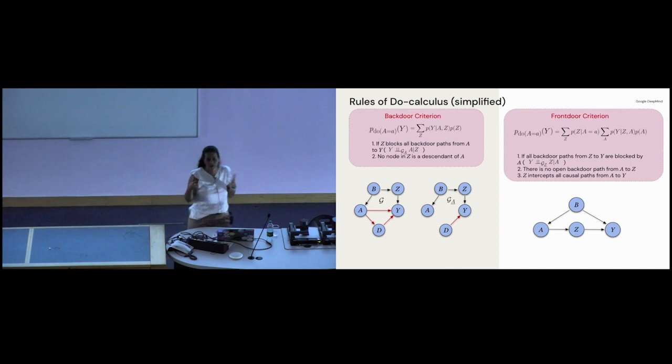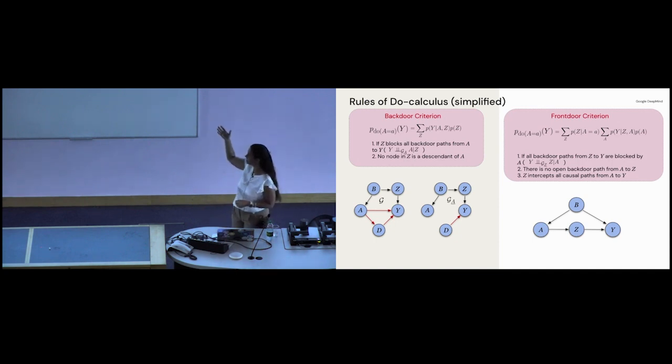So these two criteria, backdoor and frontdoor, tell you that if there is a set Z in the graph that satisfies some properties, then you can write this equivalent. So it gives you a way to compute this interventional distribution, the identification formula, out of the box, without going into applying recursively the rules of the calculus, which you, by the way, would do for a general computation of the identification formula.